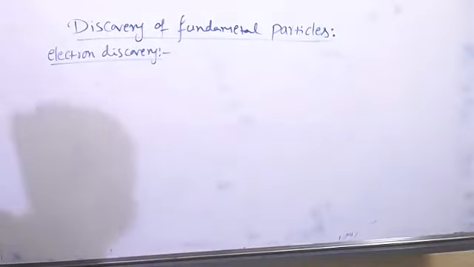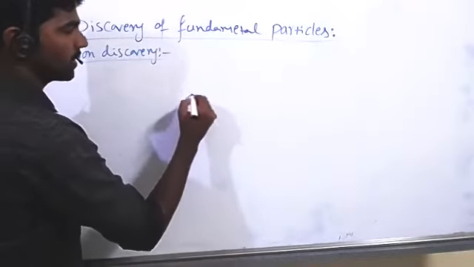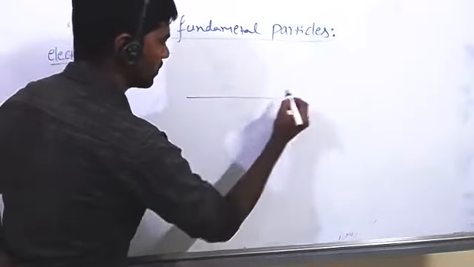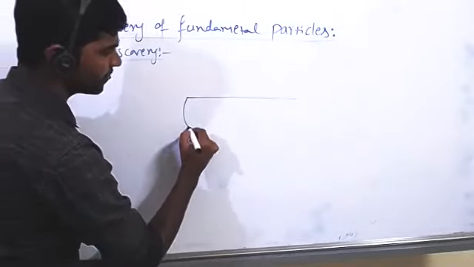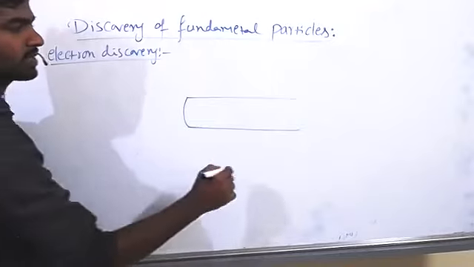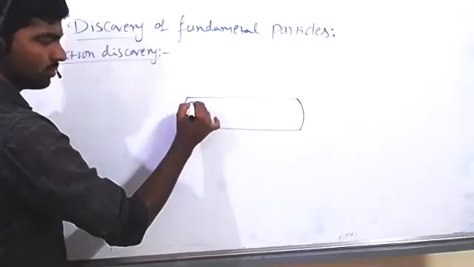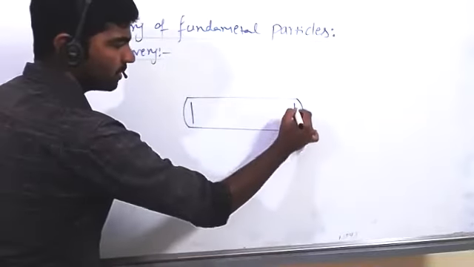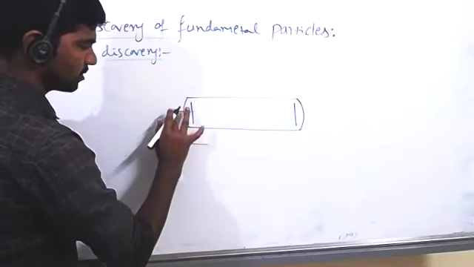This experiment was carried out by the scientist William Crookes, but credit goes to J.J. Thomson because he gave all the properties of cathode rays. In this experiment, take a 60 centimeter long glass tube. Two ends are fitted with metal plates. These are electrodes.